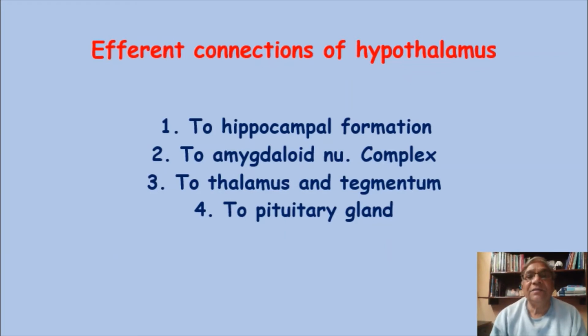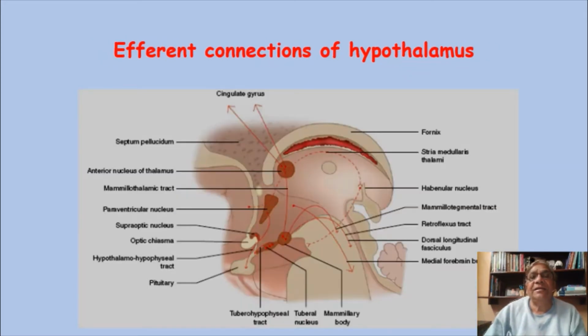And then lastly we will learn in some detail about its connection with the pituitary gland. So the efferent fibers are almost going to the same places from where it was receiving the afferent connections. Please go on noting it because it is not that easy.